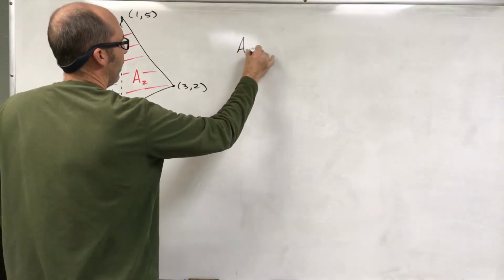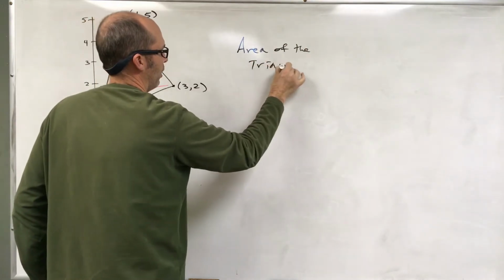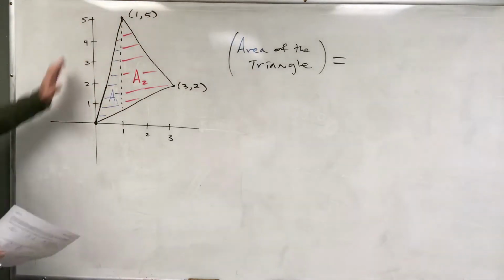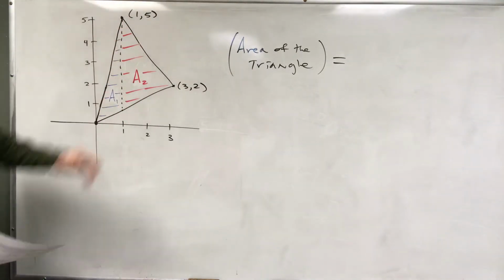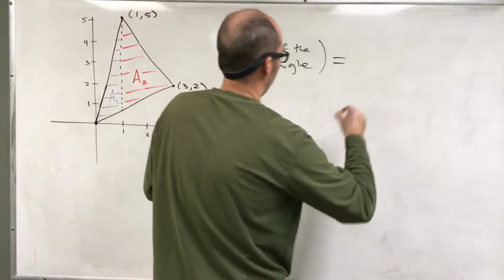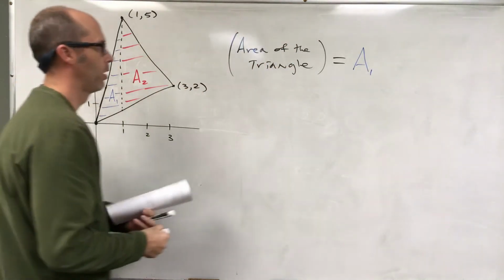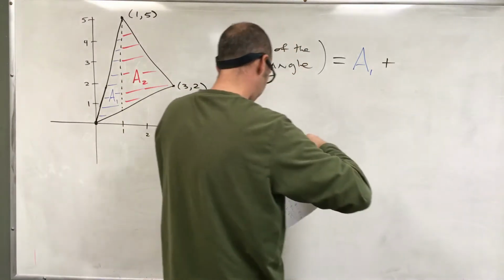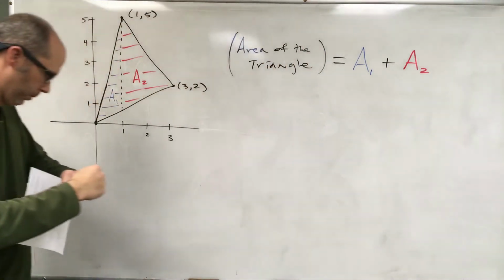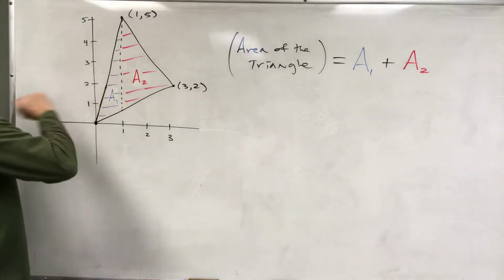So the area of the triangle, as you can see, the area of the entire triangle is equal to A1 plus A2.